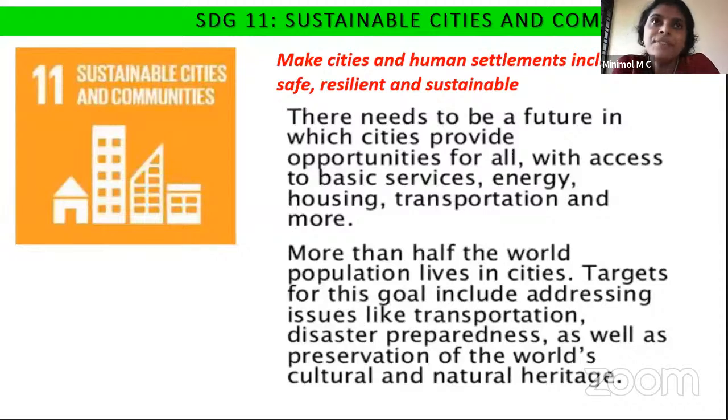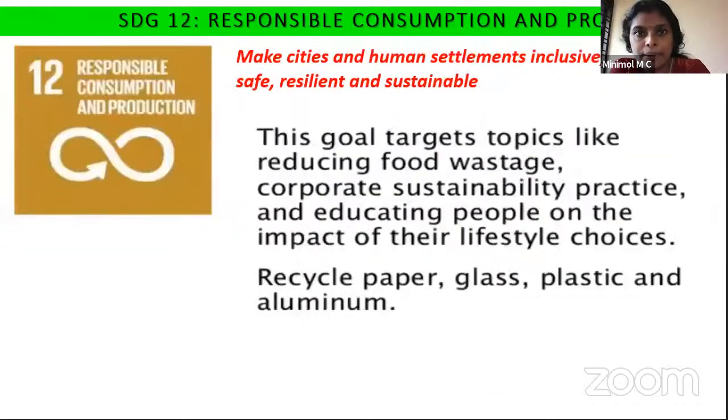So definitely we can expect all the issues associated with urbanization, like problems with transportation, disaster preparedness, even the preservation of the world's cultural and natural heritage. Really, we need to look at it. SDG 12 is for responsible consumption and production.